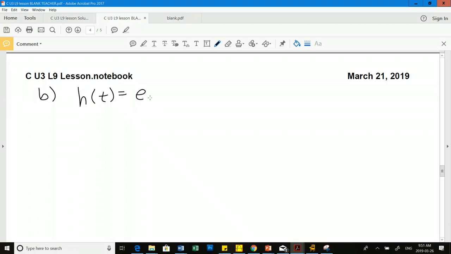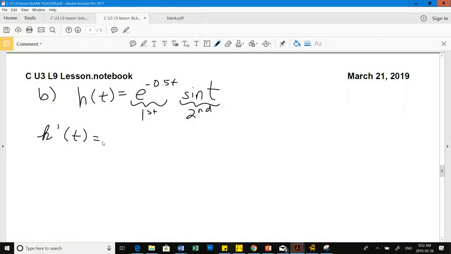I'm going to take our function, which is this, and we're going to start by finding the derivative, okay? So imagine this is our first, and this is our second. So we've got h prime at t equaling the derivative of the first, so the derivative of the first is this guy, times the derivative of the exponent, right?